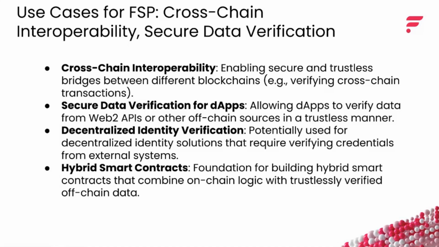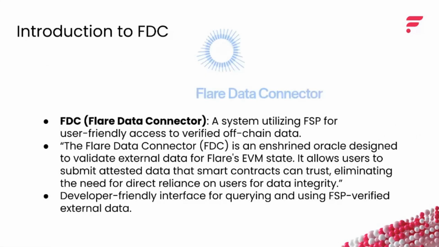Okay, and with this, you can create smart contracts that have access to richer data. So we talked about FTSO in the last presentation and how it's getting decentralized price feeds. The Flare Systems Protocol is what enables that to happen. And another thing that it enables is the Flare Data Connector.